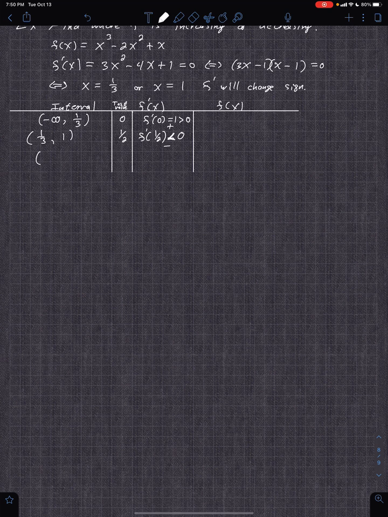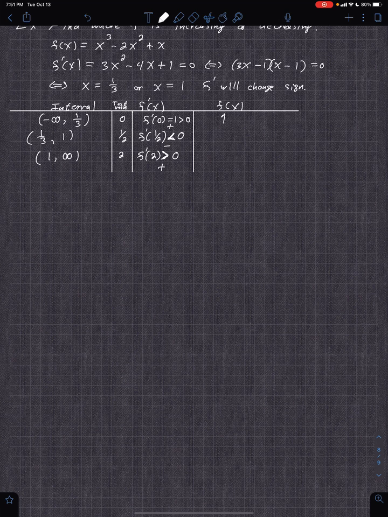And then we're going to test from 1, and then we're going to approach infinity. I like to test large values, like 10, but often you can just test the next integer. f prime of 2 is greater than 0. So it's positive. So what does that imply?